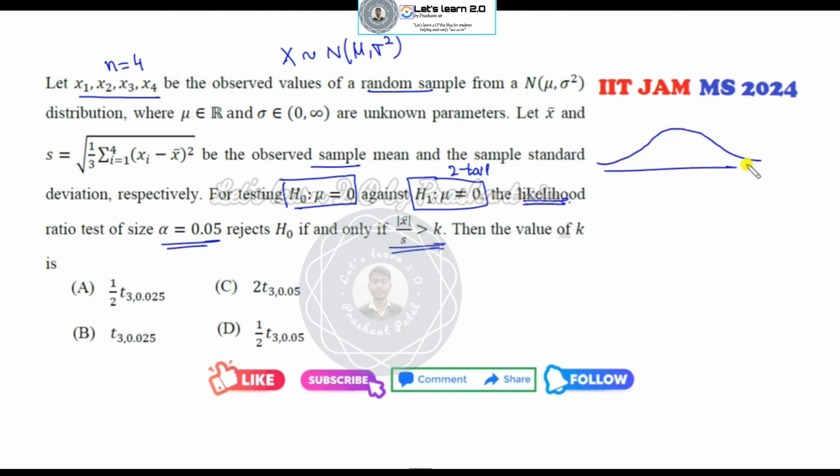It's a two-tail, look at that. Fine. That means this is this one. Clear? So if this number is 1 minus alpha, this is alpha by 2, and this is also alpha by 2. So for the two tails, I can write this number: |X bar over S| is greater than k.